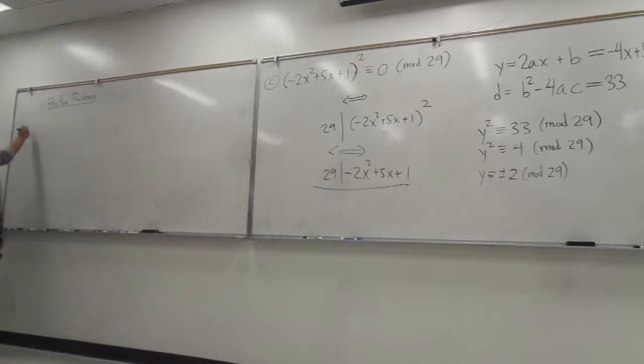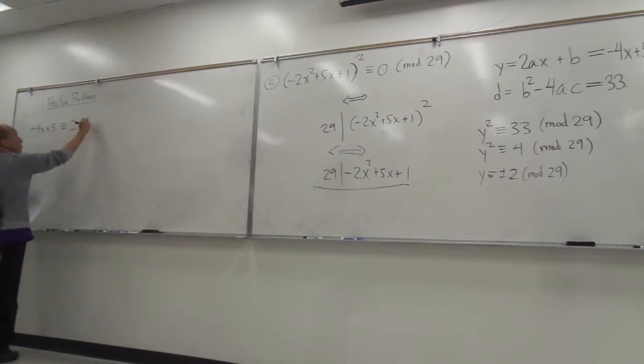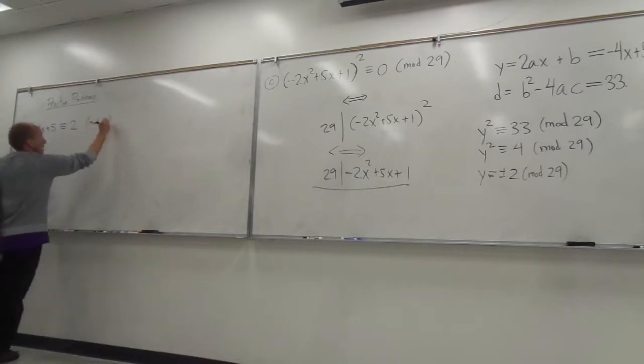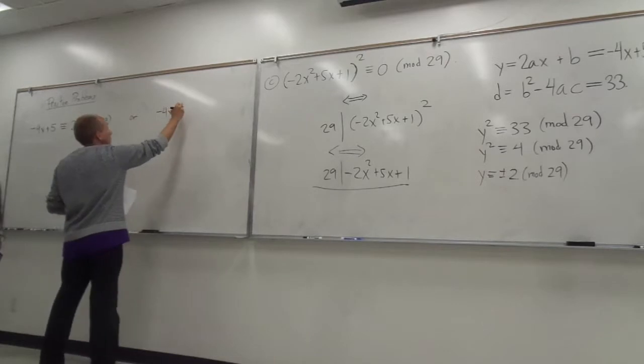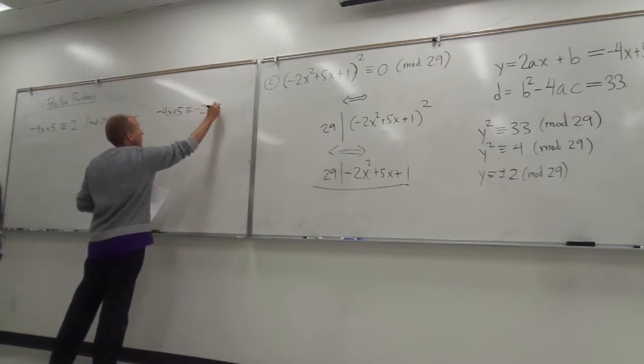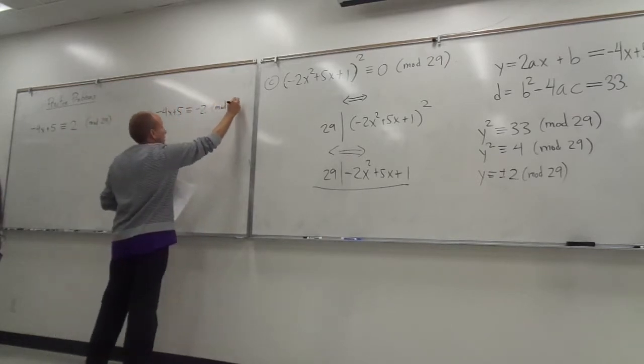So negative 4x plus 5 is going to equal, first of all the case of 2 mod 29, or we also have the other case, negative 4x plus 5 congruent to negative 2 mod 29.